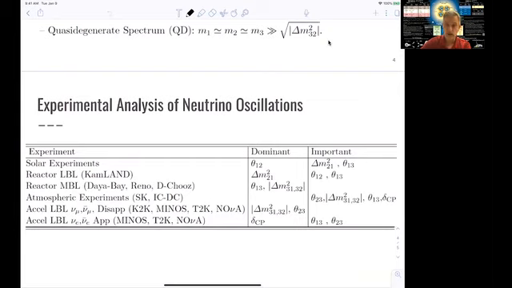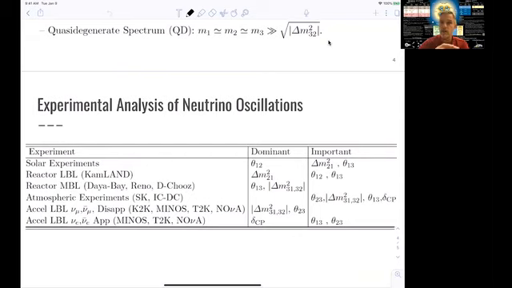The information of the neutrino oscillation experiments and how it maps into the individual parameters of our neutrino CKM matrix is summarized here, and also the mass information. I don't want to read the entire table, I just leave this here for you.